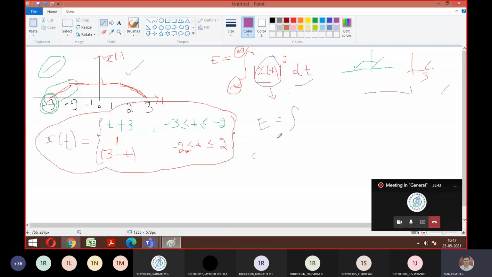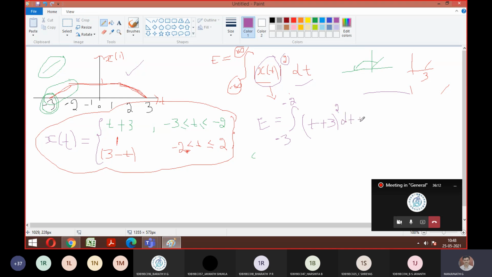The first interval is from -3 to -2. This is where your intervals play a major role. The corresponding equation is t plus 3 whole square, because x of t is t plus 3. Look at the formula: t plus 3 whole square into dt. This is my first function.